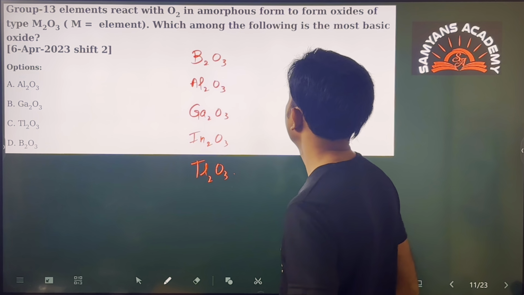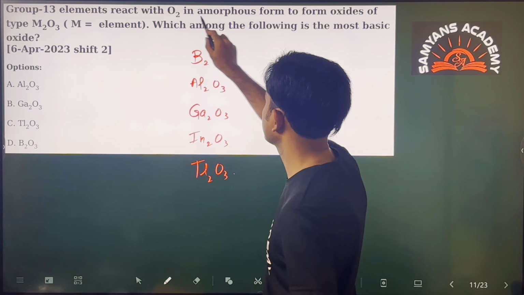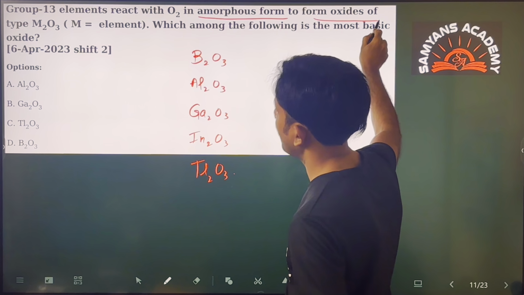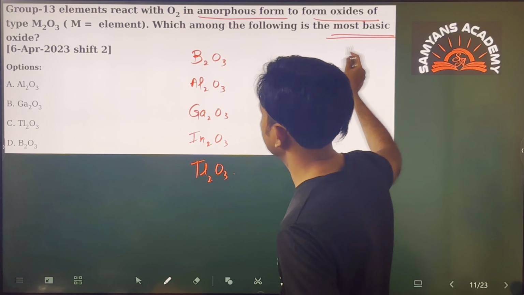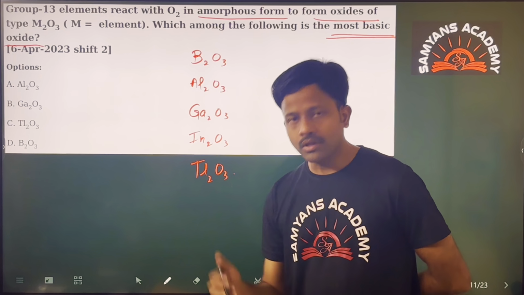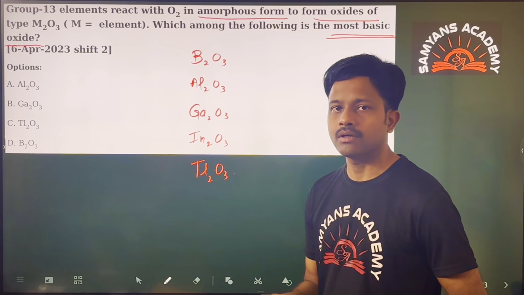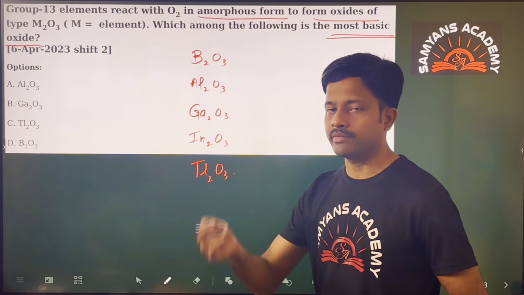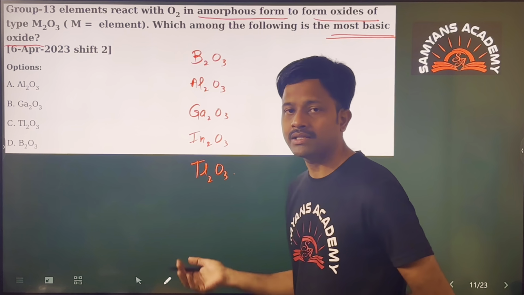Group 13 elements react with oxygen in amorphous form to form oxides of type M2O3. Which among the following is the most basic oxide? Down the group, as electronegativity values decrease, metallic character increases. If metallic character increases, the metallic oxides become basic in nature.